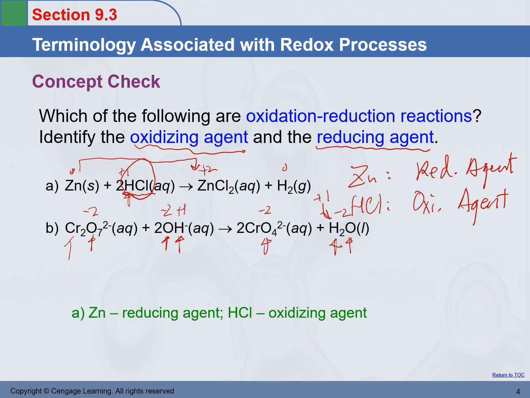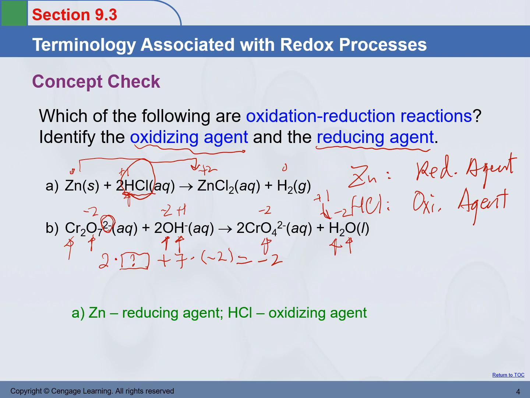Let's try to figure out the oxidation number of chromium before the reaction. There are 2 chromium, so 2 times whatever the oxidation number of chromium is, which we don't know yet, plus 7 times -2, since there are 7 oxygen, each one is -2, is going to equal the charge of the polyatomic ion, which is -2.